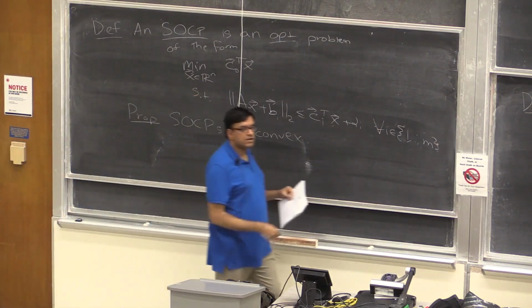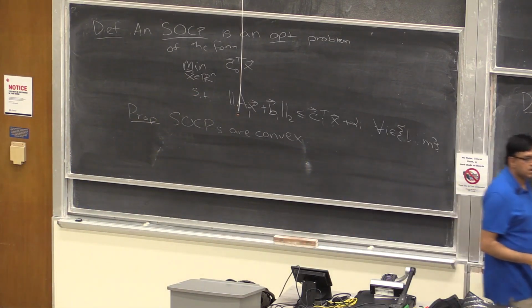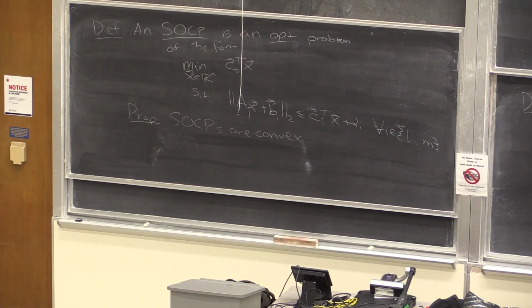If we have other types of constraints, like affine or quadratic, on top of that, is it still an SOCP? Good, yes. I'll prove shortly, maybe after an example or two, that linear programs and convex quadratic programs are both instances of SOCPs.